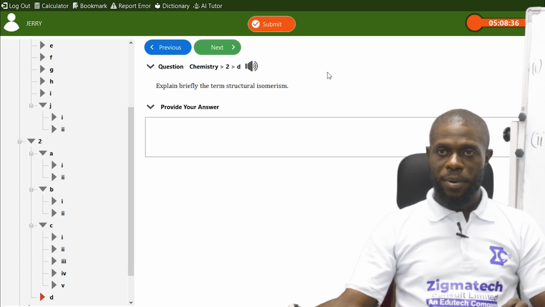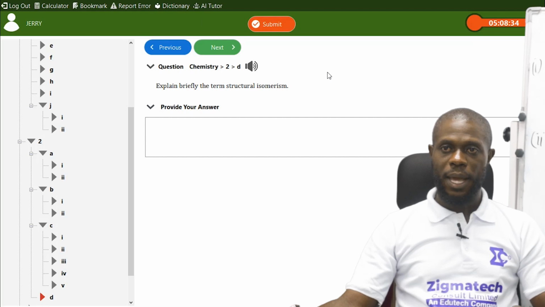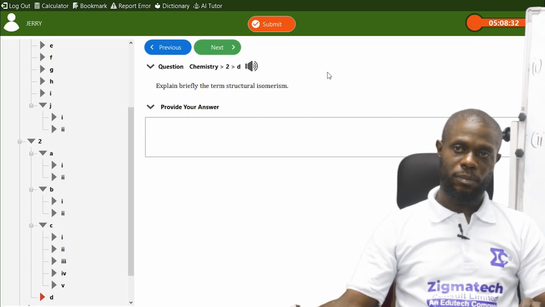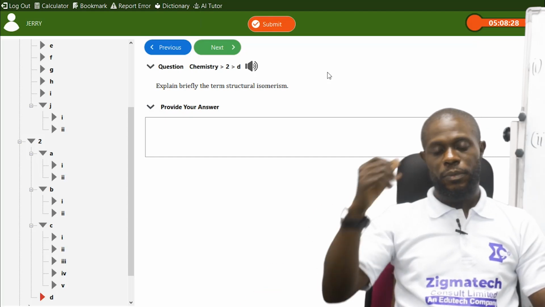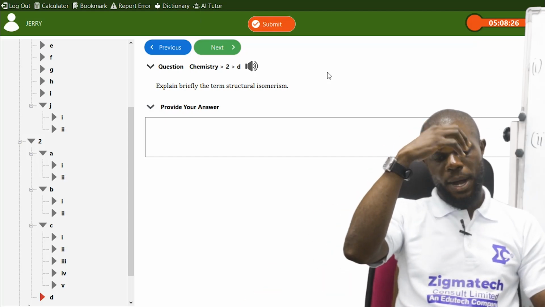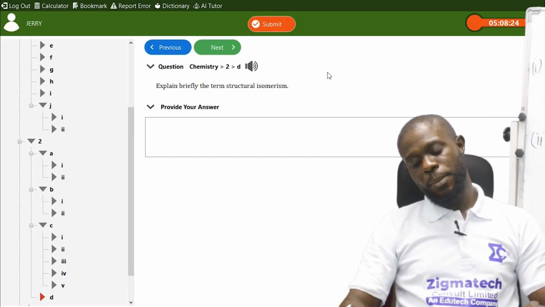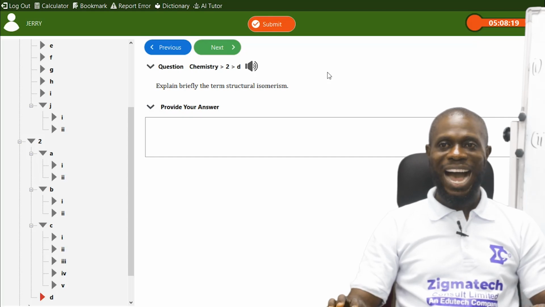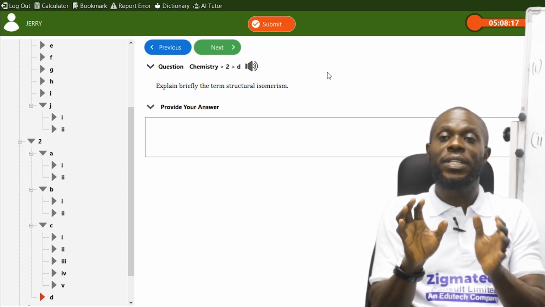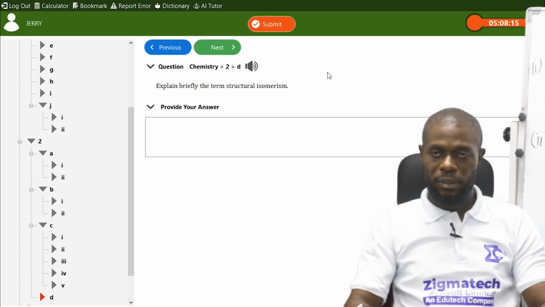Let's go ahead. Explain briefly the term structural isomerism. Structural isomerism is the existence of two compounds with the same molecular formula but different structural formula, and that have different physical and chemical properties.